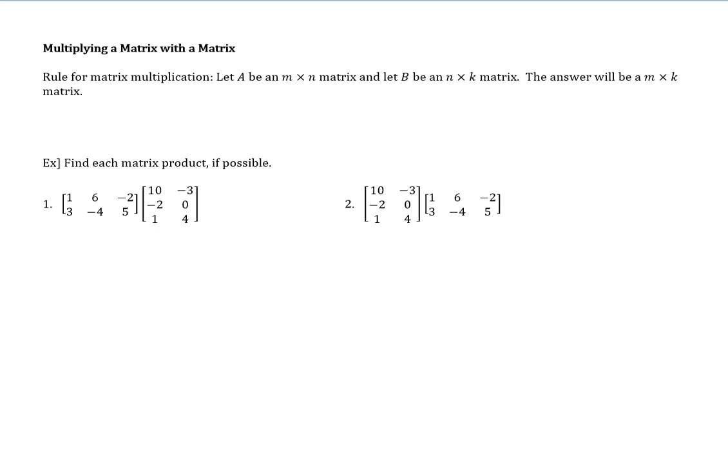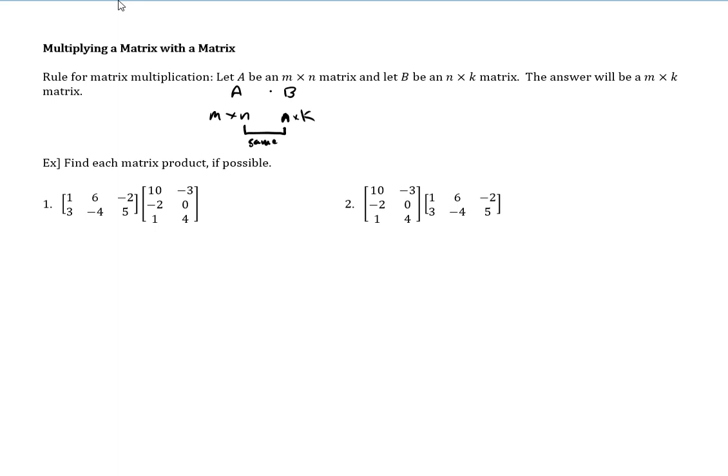Right here we have the rule that will be used to make sure we can multiply matrices. If we have a matrix A with dimensions m by n, and we're multiplying it by matrix B, which has dimensions n by k, we just have to make sure that these two numbers are the same.